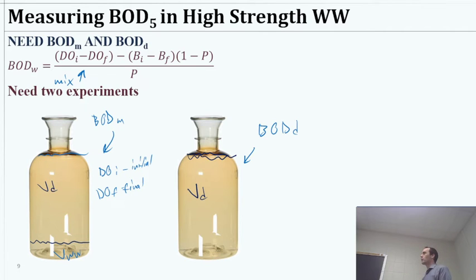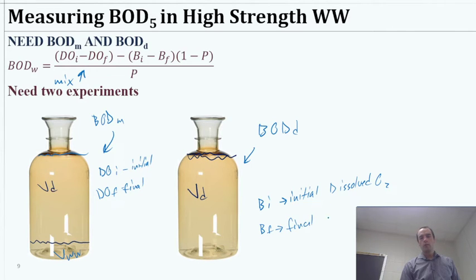Then, just to avoid confusion, our equation is going to use a separate letter to mean dissolved oxygen in the other bottle, and that's going to be B. So BI is initial DO, whereas BF is the final dissolved oxygen.